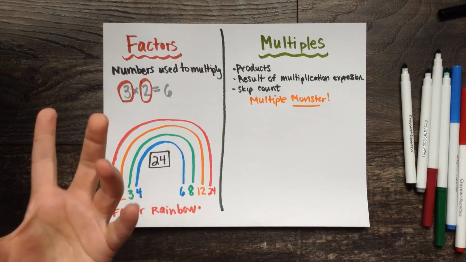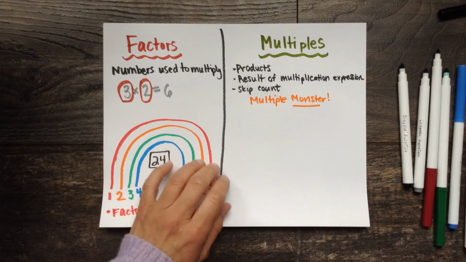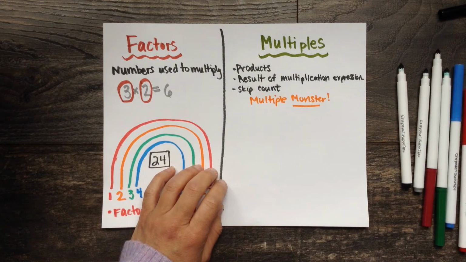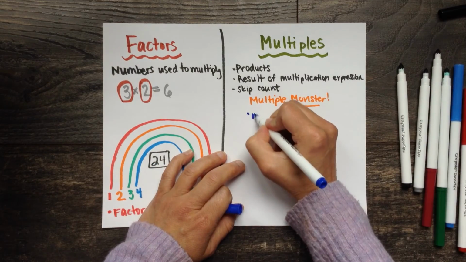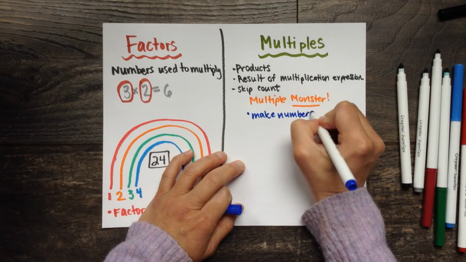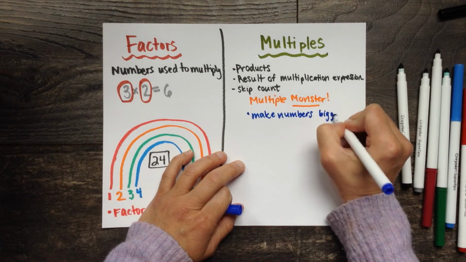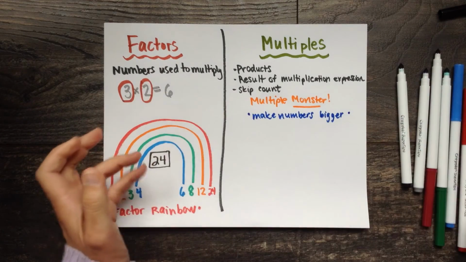A monster comes in and he wants big things, a lot of something. So our multiple monster makes numbers bigger.